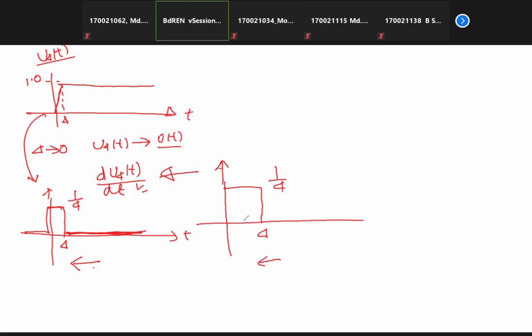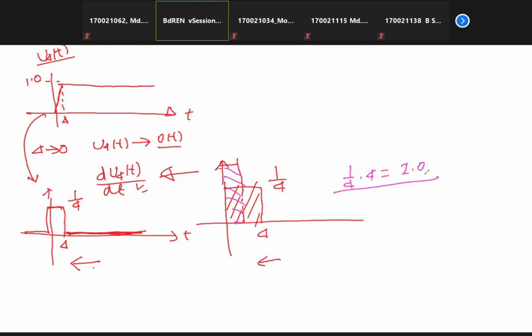This width will be decreasing, this height will be increasing, isn't it? But the area of this curve will remain the same. Delta multiplied by 1 by delta is equal to 1, isn't it?